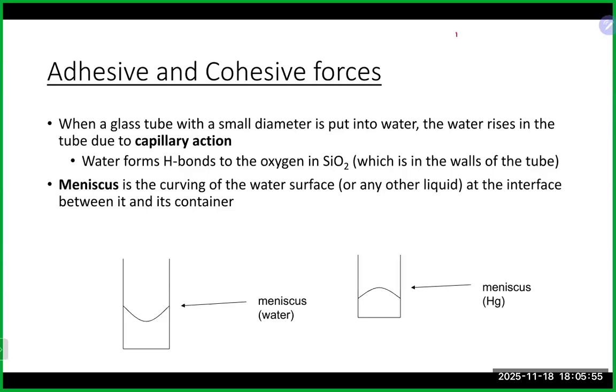So when we look at the meniscus, as I mentioned earlier, what happens in this particular case, say for something like water, is the attractive forces between water and the glass tube are actually stronger than the attractive forces between water and itself. So the water that's in contact with the glass will rise up the glass through capillary action.